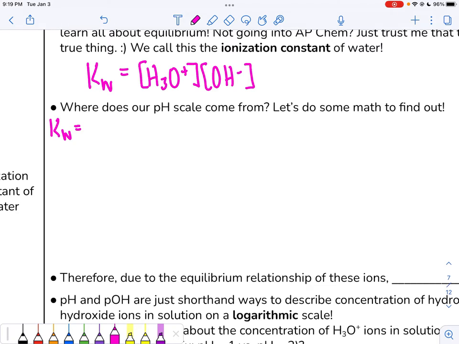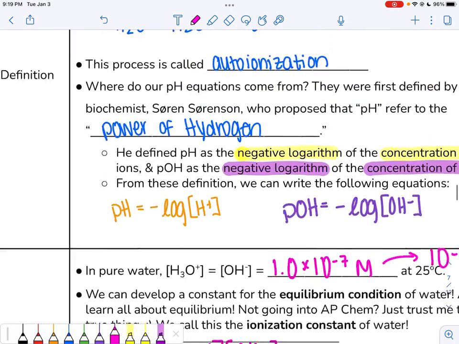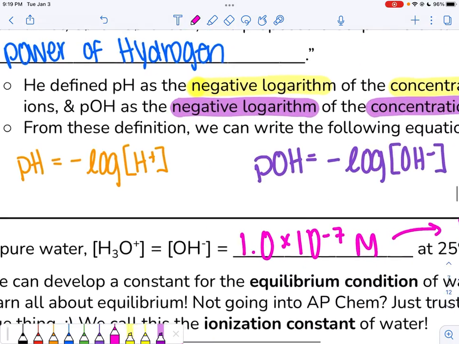We know that Kw is equal to the concentration of hydronium times the concentration of hydroxide, and we have values for those again. So this is equal to 10 to the negative 7th for hydronium times 10 to the negative 7th for hydroxide. And this comes out to be Kw is equal to 10 to the negative 14th.